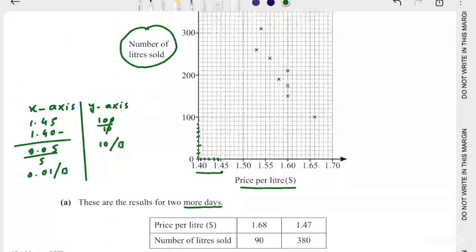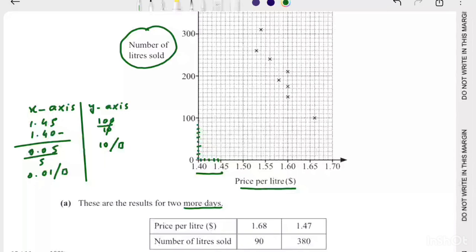First of all we have to see the exact position of 1.68, so definitely it's 1.65, and if you add 0.01 you get the exact value of the next box, so it will be 1.66.